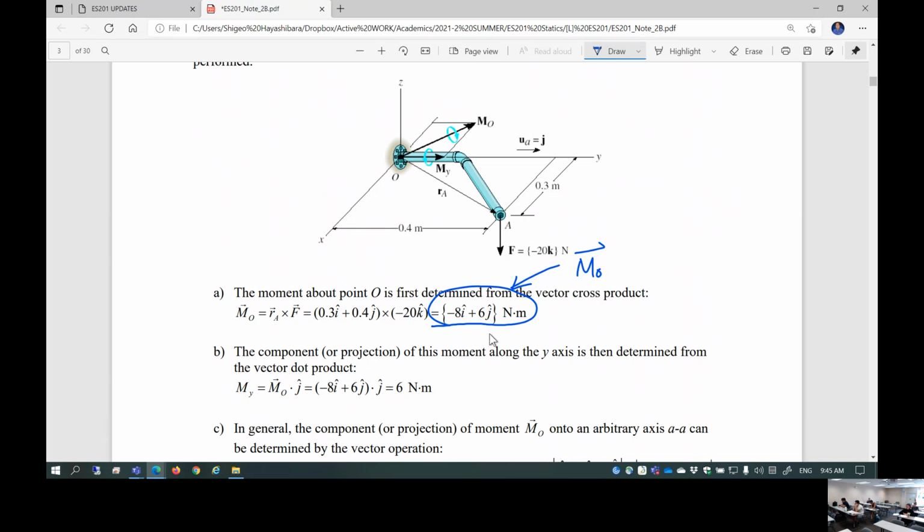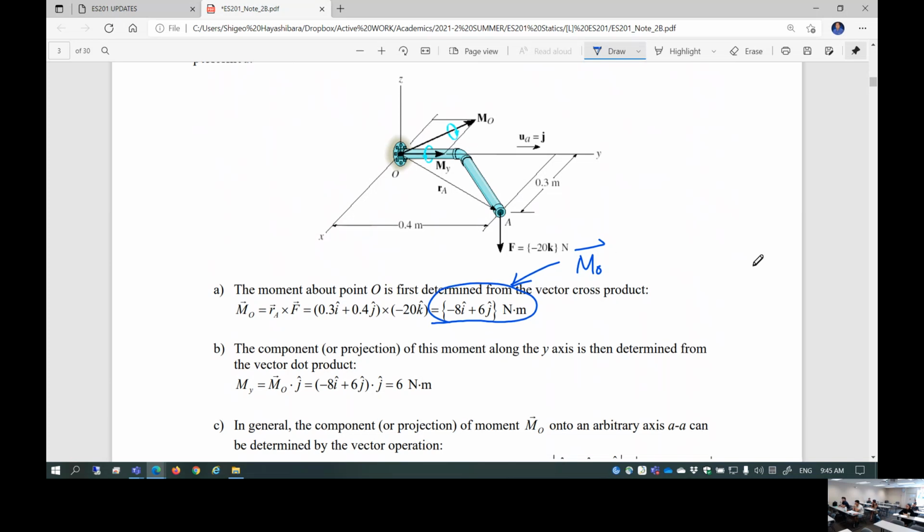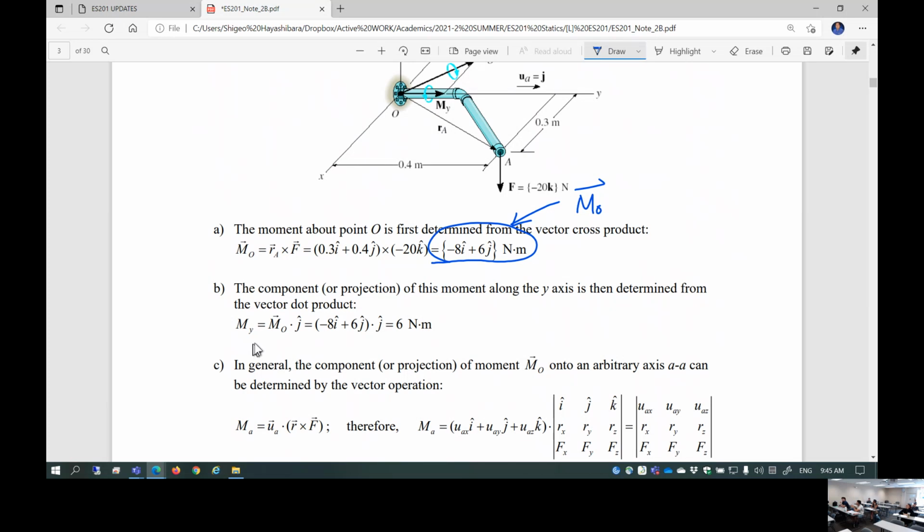Understood? So this is only moment in the x and y directions, not in the z direction. Let's be careful. And obviously, for MOY, you can take the dot product of the moment vector against j, which is the y direction unit vector.